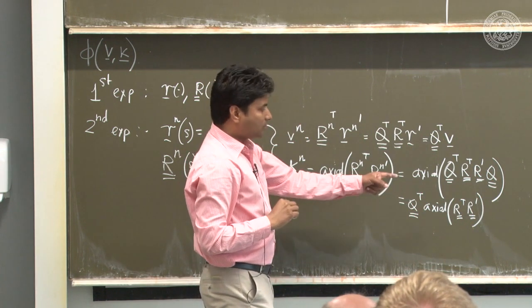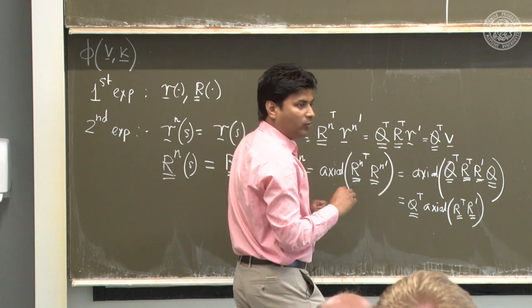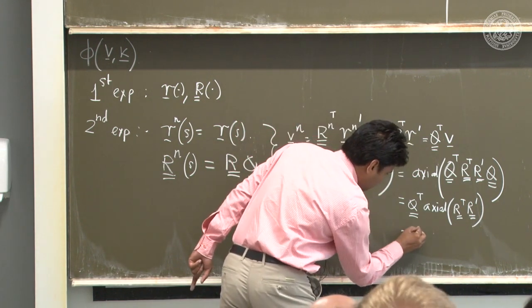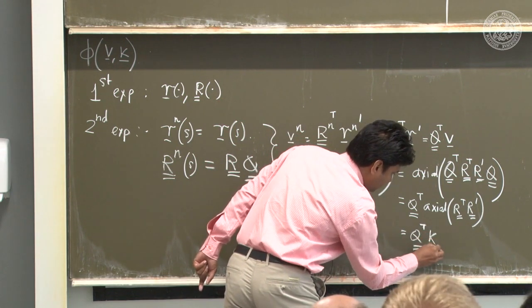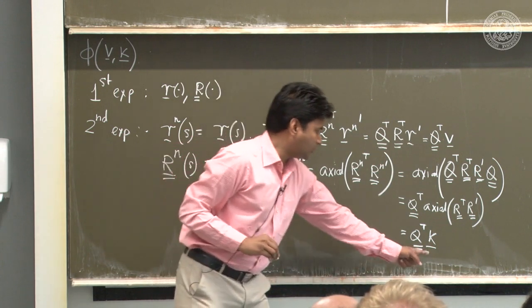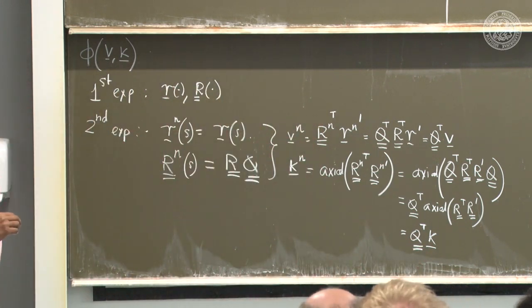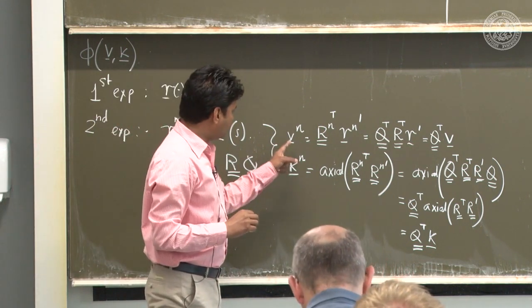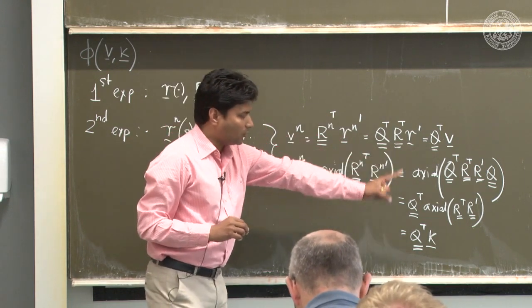We had done this earlier in the class also, when we had that objectivity. And this is then the same as Q transpose times K, the old K. Any question till now? So we have found out what is new V and new K in terms of old V and old K.